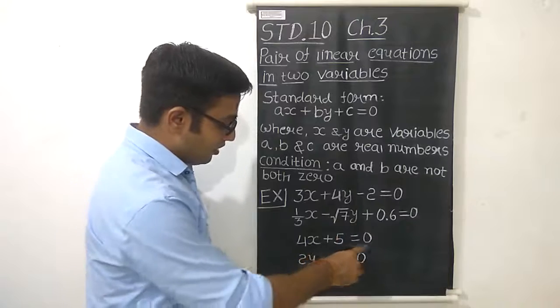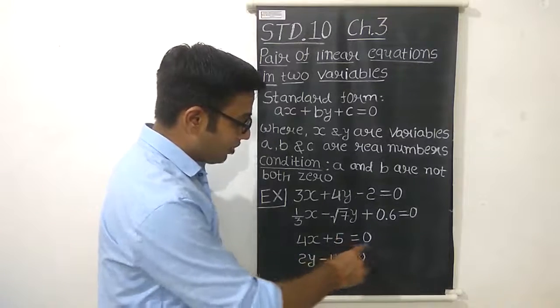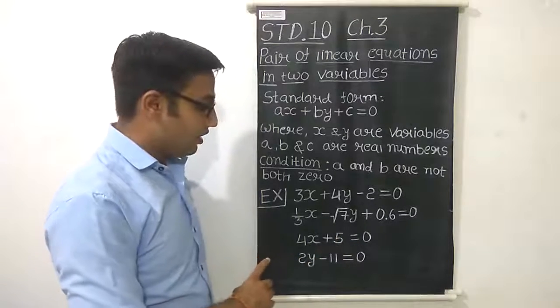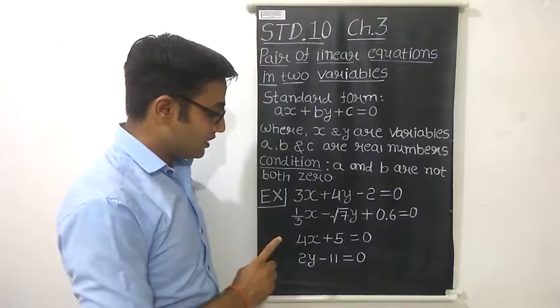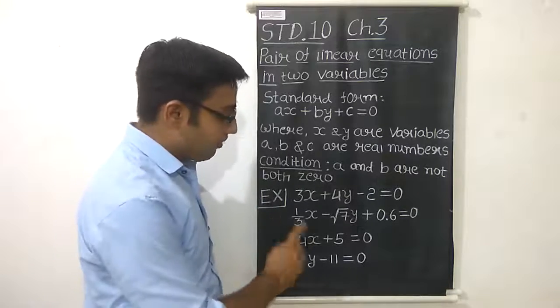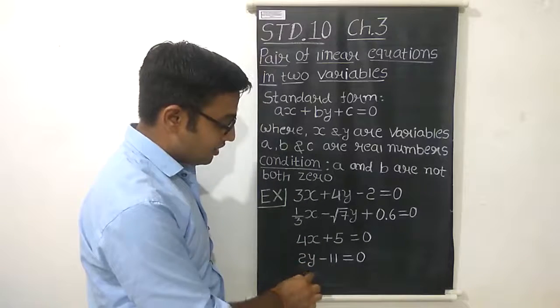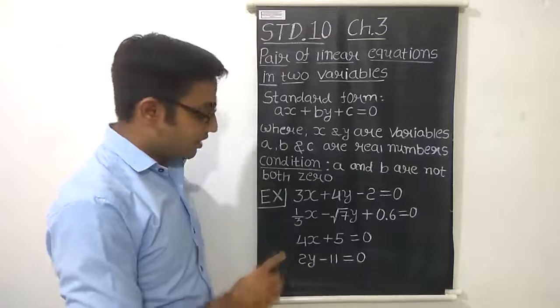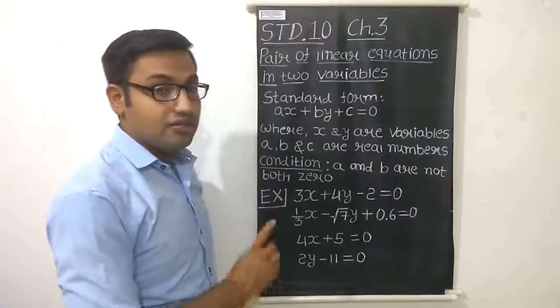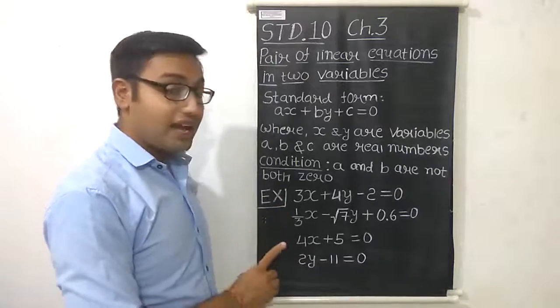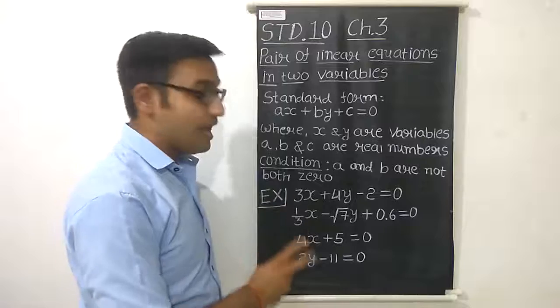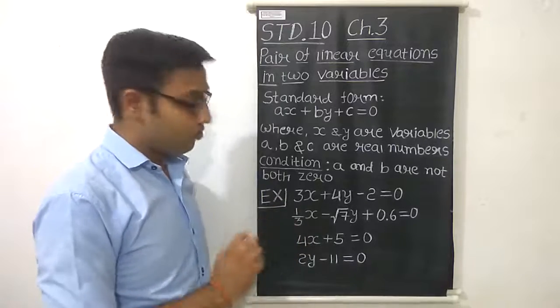Suppose we want to draw the graph for this equation, we know that we get a graph which is parallel to the y-axis, and in this case, as there is only one variable y, the graph will be a straight line parallel to the x-axis, right? That you know very well.